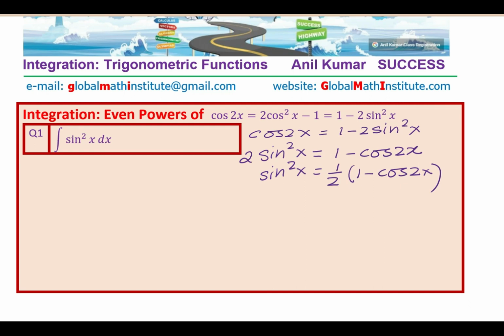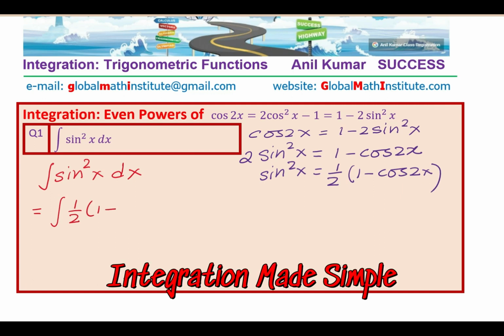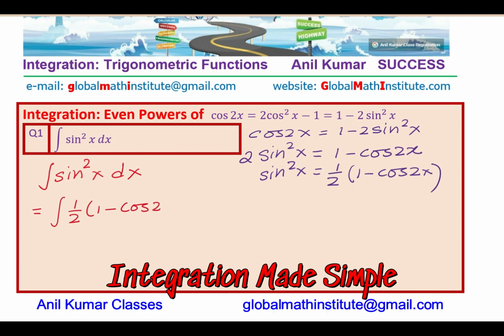This is what we are going to use for integration. So now let's look into the question given to us. We need to find the integral of sine square x dx. That should be equal to, substituting sine square x as half of 1 minus cos 2x, dx.